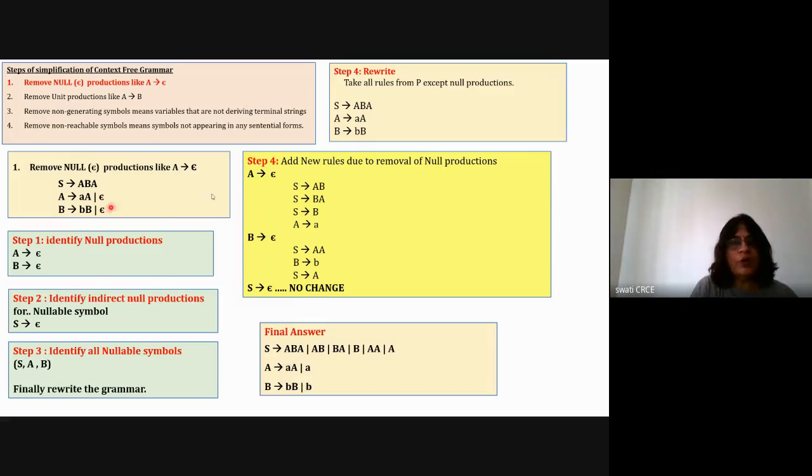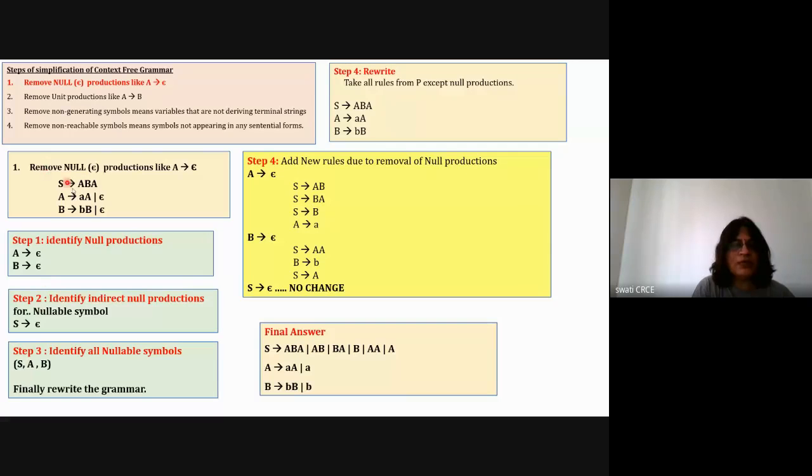So overall, for identifying null production rules, you first identify the direct null production rules which are given in the grammar, and because both of them are epsilon, identify what other variables in the grammar may become epsilon, and then you write down all the nullable symbols together.